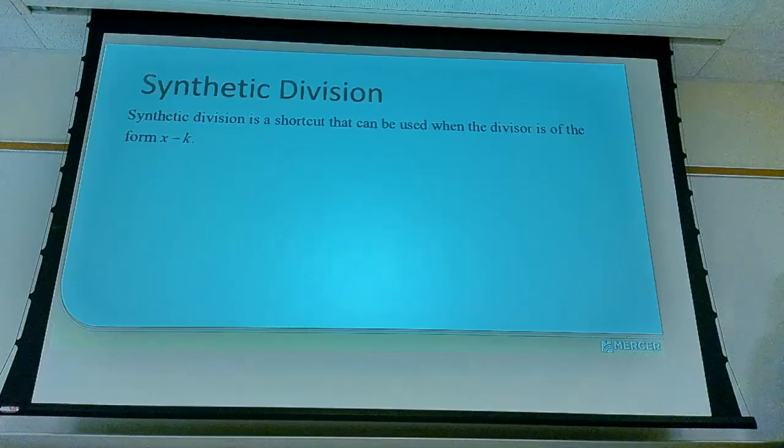With some slight adjustments, you can use synthetic division if the leading coefficient of your divisor is not 1, like 3x minus k. However, it's probably simpler just to use long division until you get the hang of it.